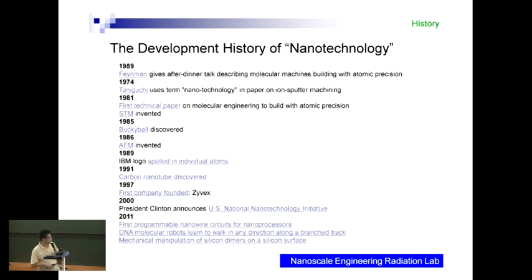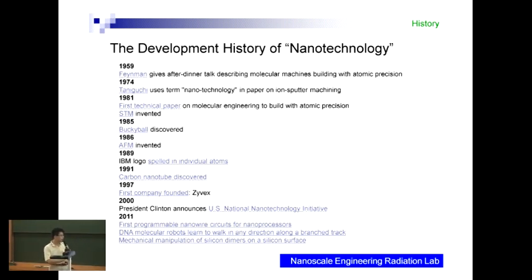And what I want to say is that in 2000, President Clinton announced the U.S. National Nanotechnology Initiative. It is considered a formal step of government to support nanoscience and nanotechnology. So it boosts the progress of nanoscience and nanotechnology.